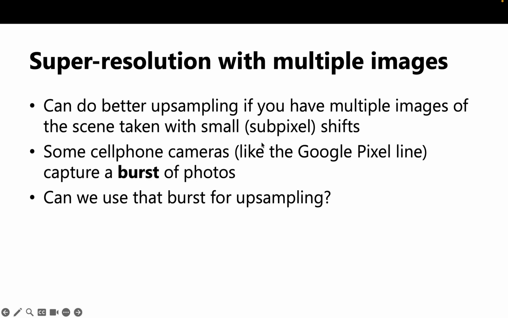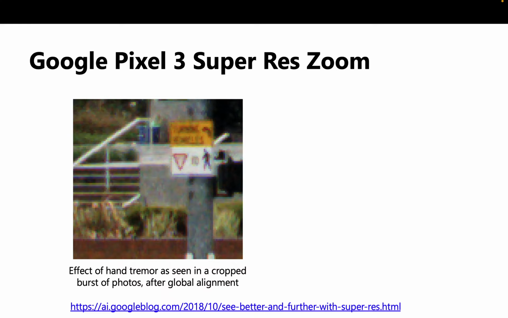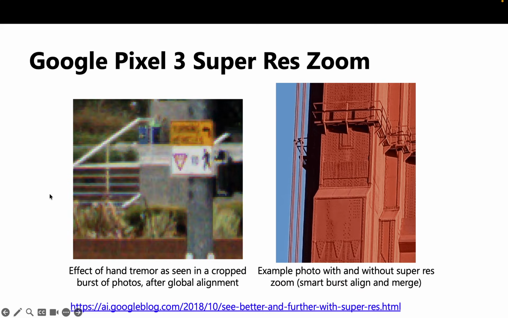For super resolution, usually you have multiple images or a burst of photos. For Google Pixel or maybe iPhone, I think you can capture a sequence of images. And with these sequence images, you can create a better super resolution image. And the last image is the effect of hand tremor, where I think the hand is shaking.